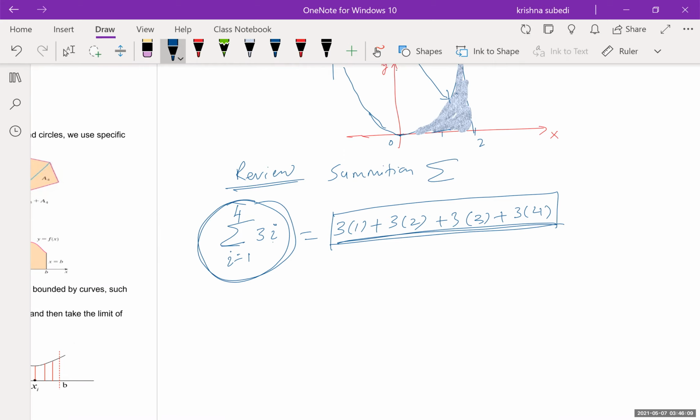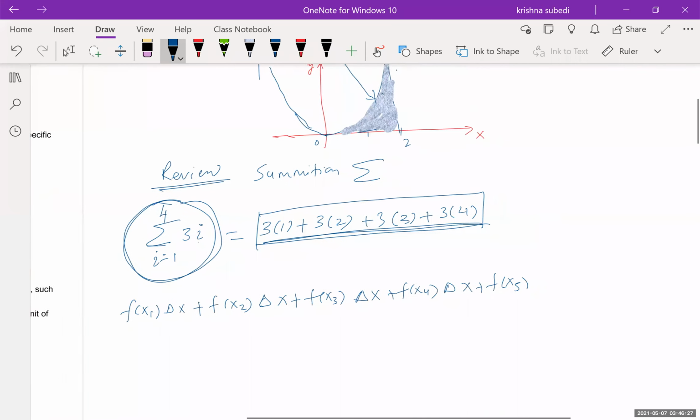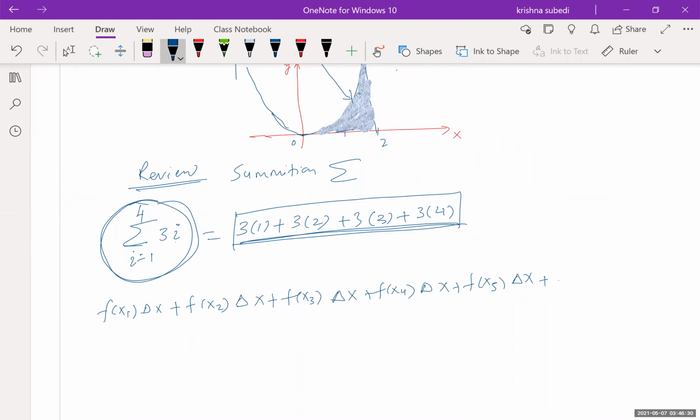So let's say we have a series like f of x1 delta x plus f of x2 delta x plus f of x3 delta x plus f of x4 delta x plus f of x5 delta x, and all the way, let's say, f of x100 delta x.